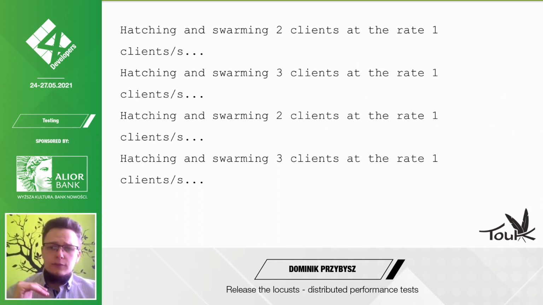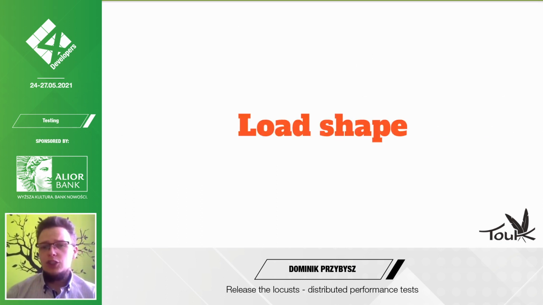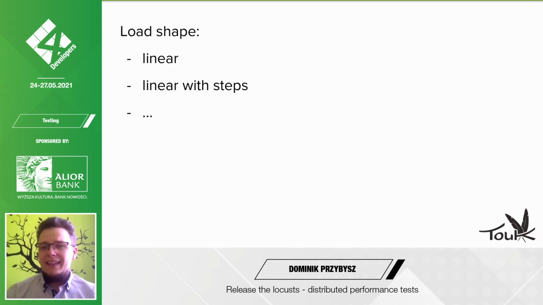Okay, based on those parameters, the load shape that you are generating is linear. And this is the base way you can create a load shape. In previous versions of Locust, there was also an option to generate a load shape called linear with steps.